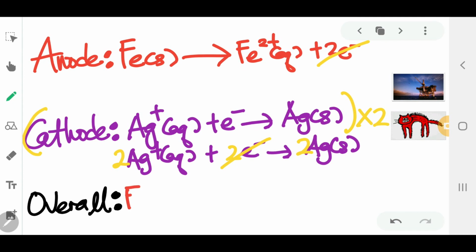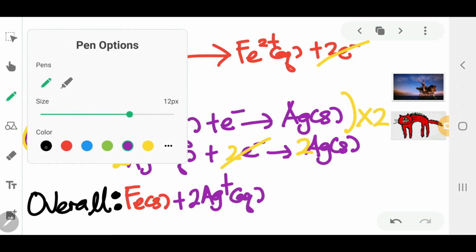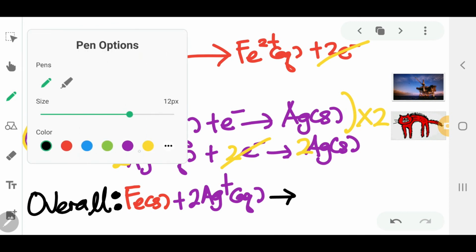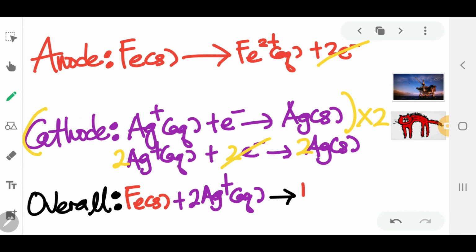You have iron solid and 2 Ag plus aqueous, and you'll have Fe2 plus aqueous plus 2 moles of silver solid.